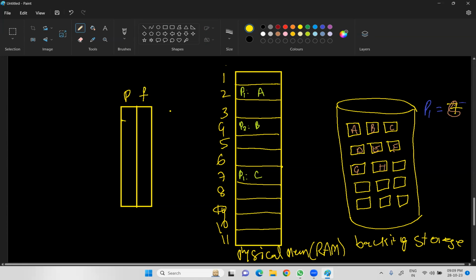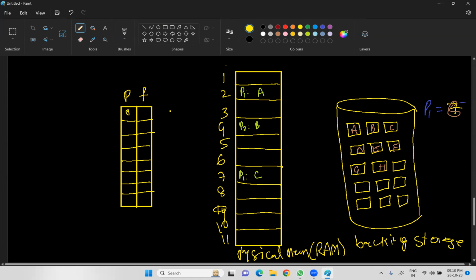So where is the 0th page available? 0th page, first page, second page, third page, fourth, fifth, sixth, and seventh. Totally 8 pages are required to be loaded into the memory, then it will be done. Let me write 0 inside the page number here.